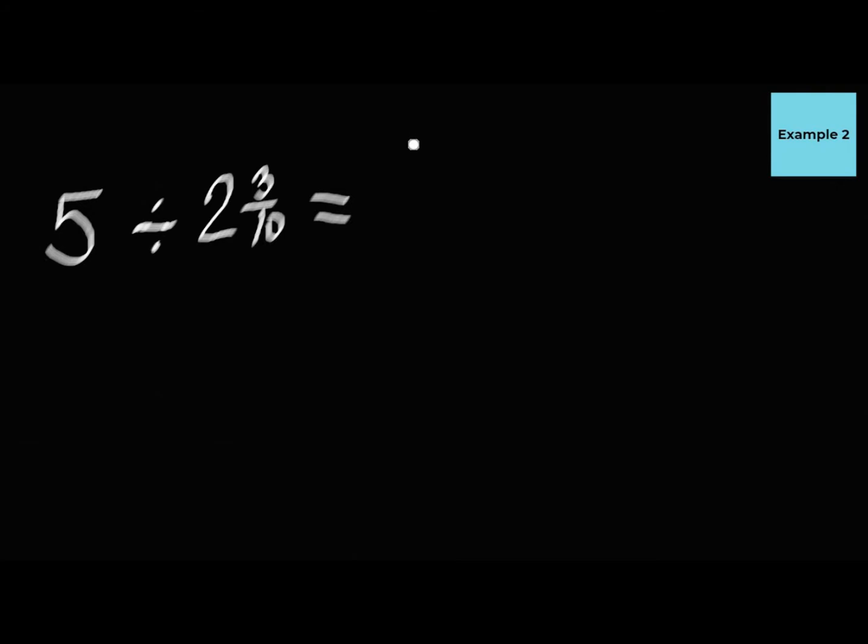Let's take our example number 2. 5 divided by 2 and 3/10. Our first number here is a whole number. We can always express whole numbers as improper fractions. 5 can be written as 5 over 1, divided by, we will change this mixed number into an improper fraction.